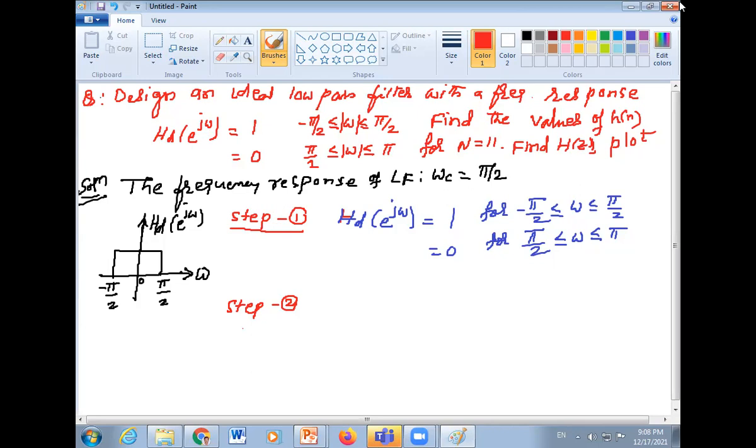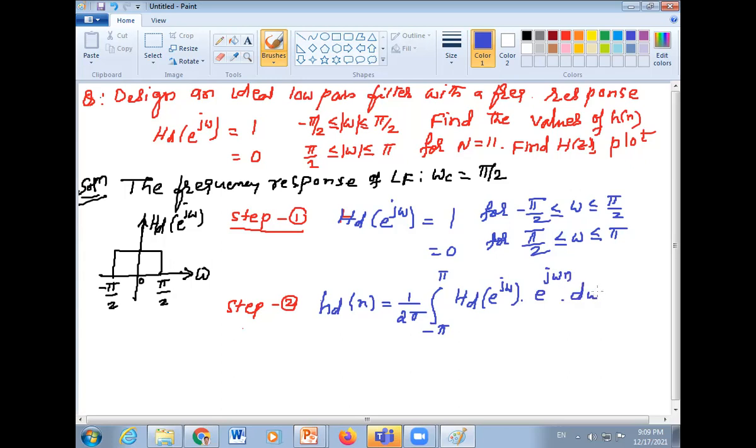Here we write it as Hd of n equals 1 by 2 pi, integral minus pi to pi, Hd of e power j omega into e power j omega n into d omega.